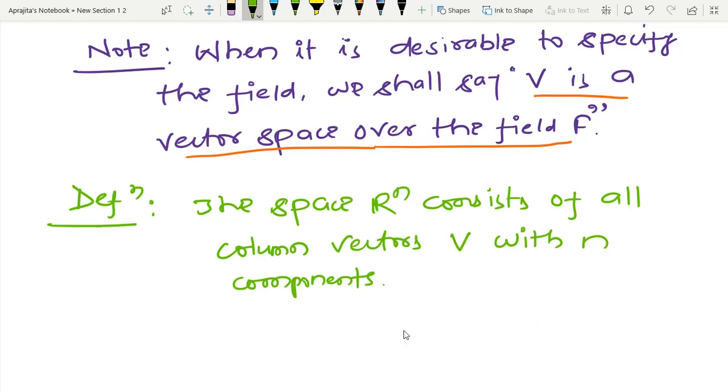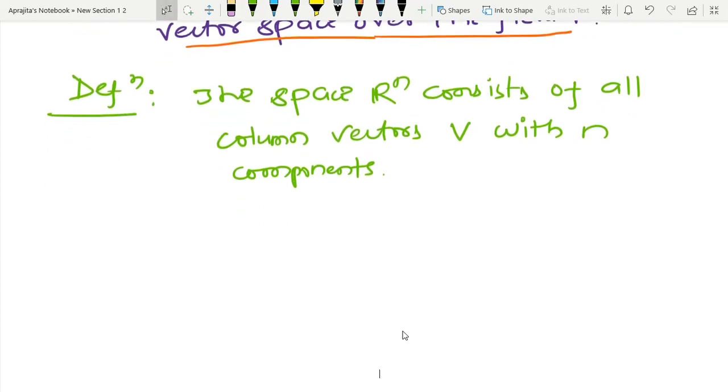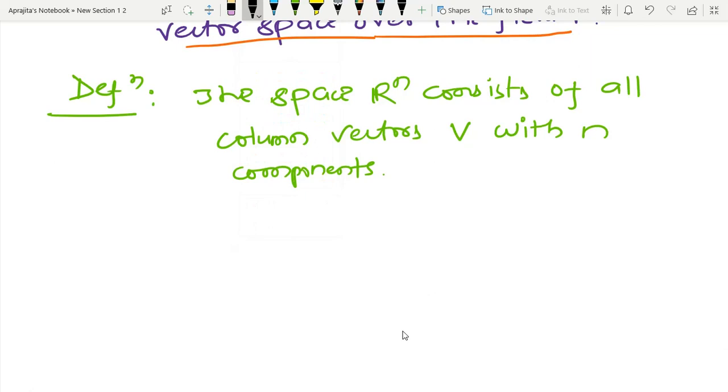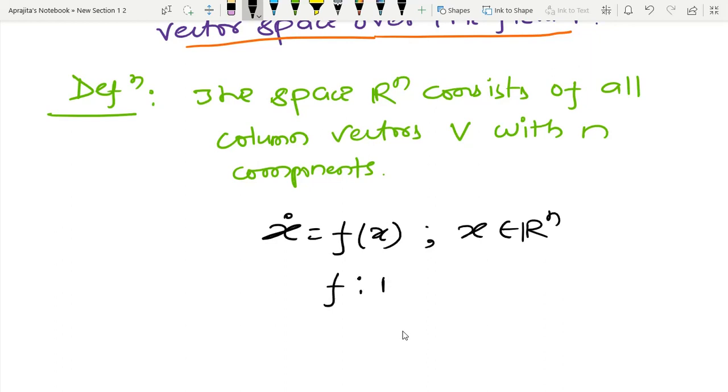If you remember, I denoted one class of system called autonomous system, like this: x dot equals f(x), and I am using this notation: x belongs to Rn, and this function f maps from Rn to Rn, and I have an initial condition that again lies in Rn.